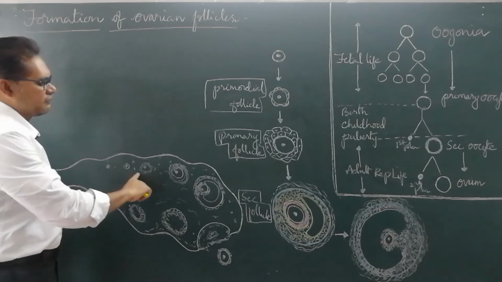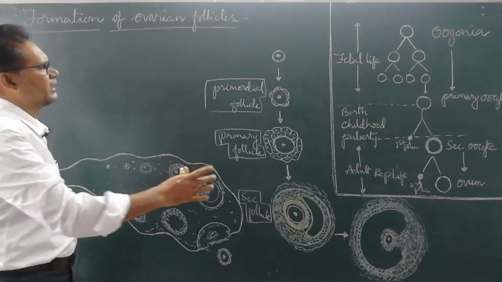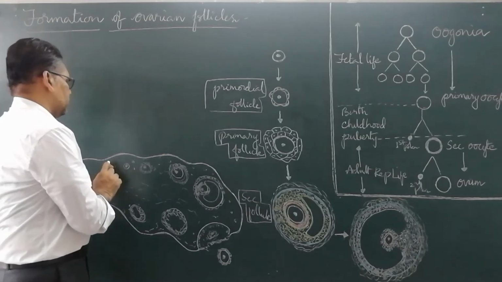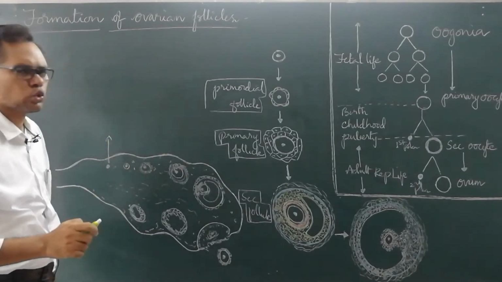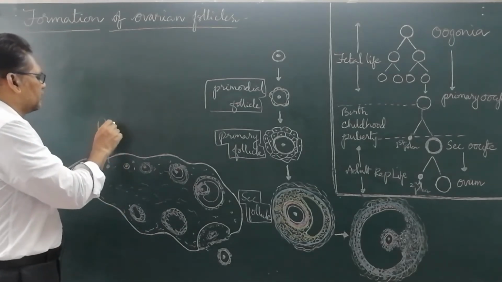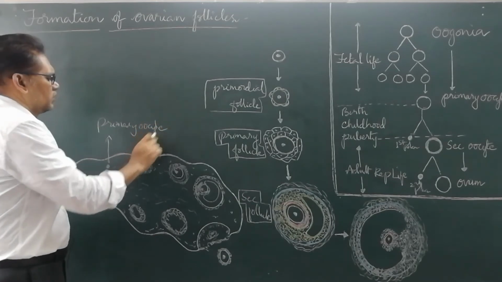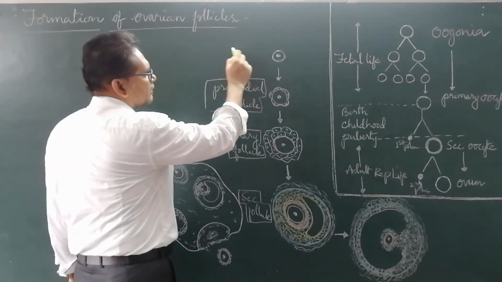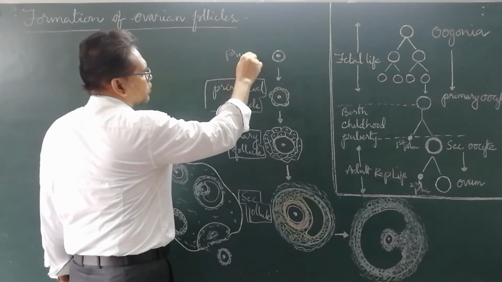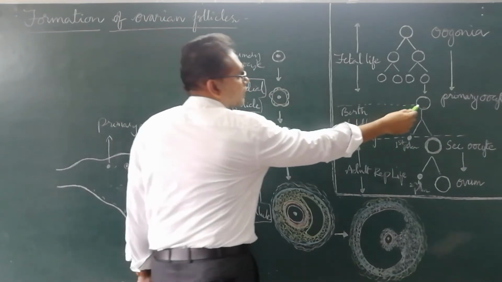Here we observe different stages of development of the follicles. First, this is the primary oocyte.